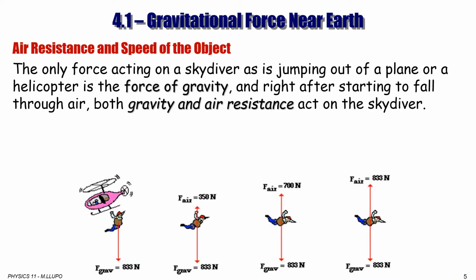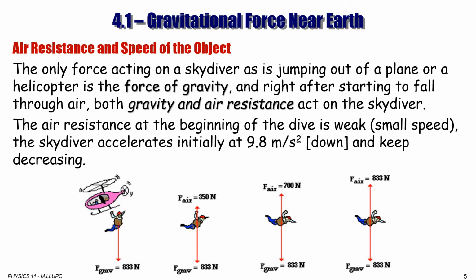Now let's analyze air resistance and the speed of the object. The only force acting on a skydiver, as is jumping out of a plane or a helicopter in this case, is the force of gravity. And right after starting the fall through air, both force of gravity and air resistance act on a skydiver. So air resistance at the beginning, of course, is weak because of the small speed.